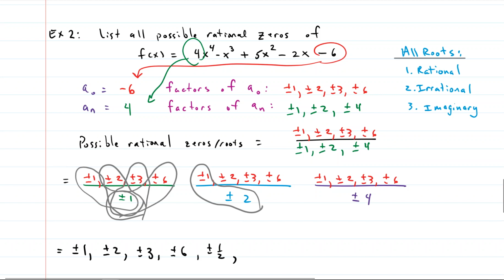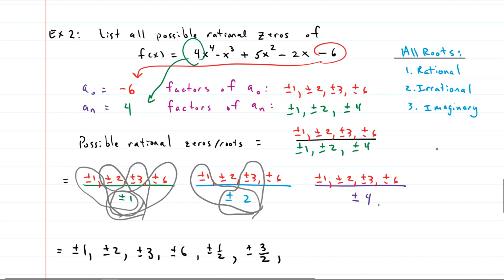We already have that, so let's move on. Plus or minus, oh, this one's new. Plus or minus 3/2. We don't have that. And now let's look at the next one. Plus or minus 6 over plus or minus 2, that gives us plus or minus 3, which is already in the list. So let's just move on.